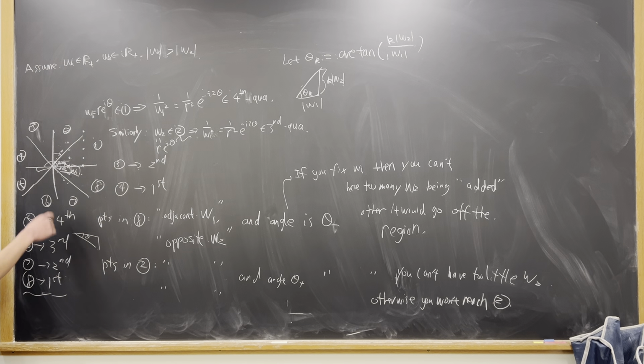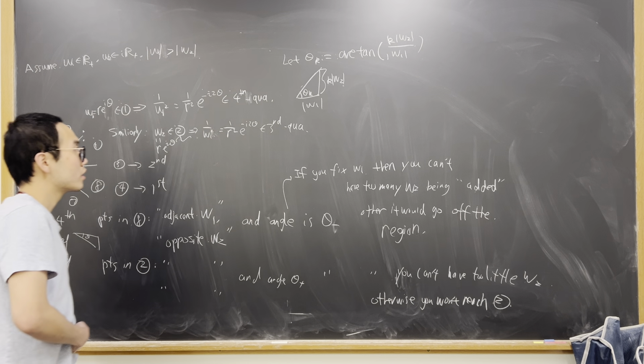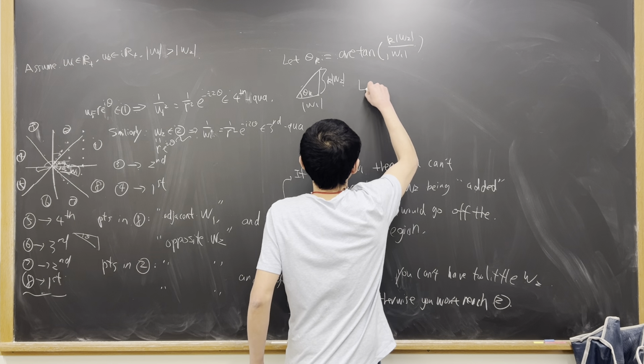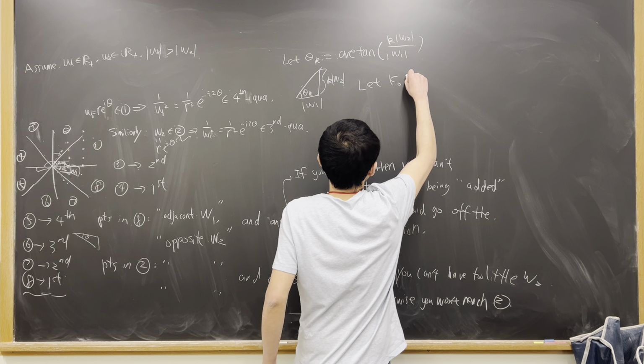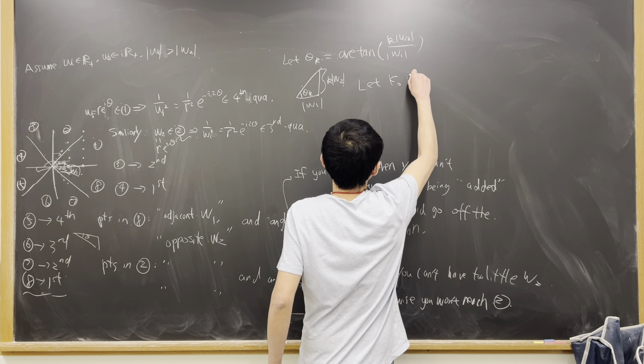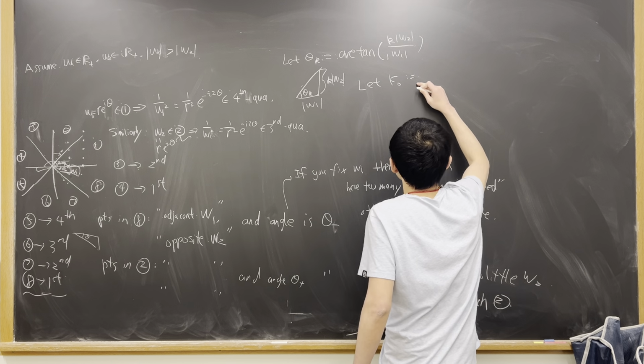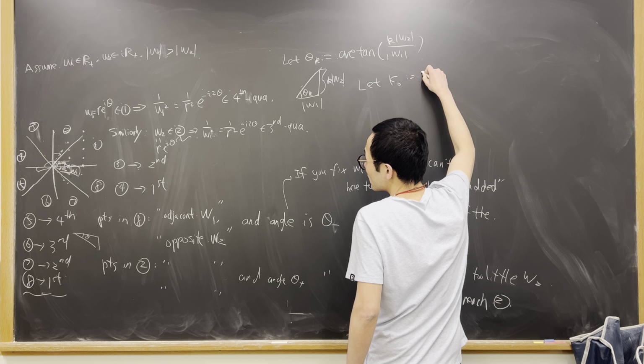For k large, I have to find a k where k times omega 2 is bigger than omega 1. Let k naught be the minimum such amount.